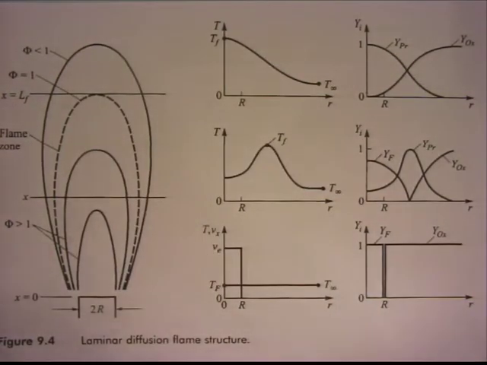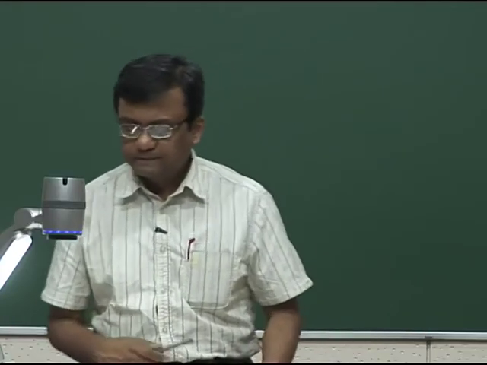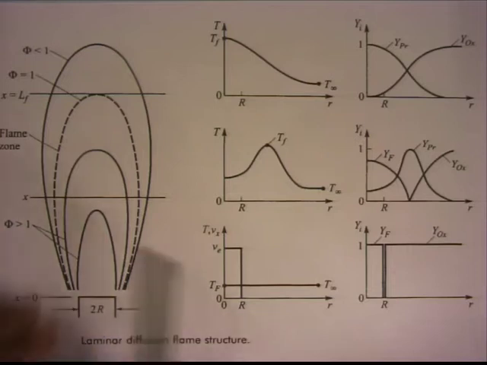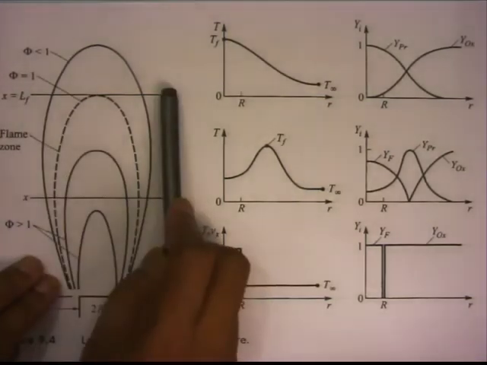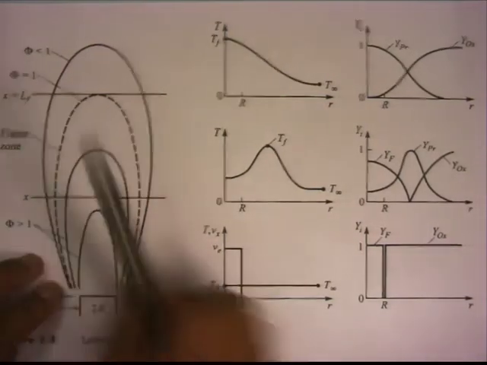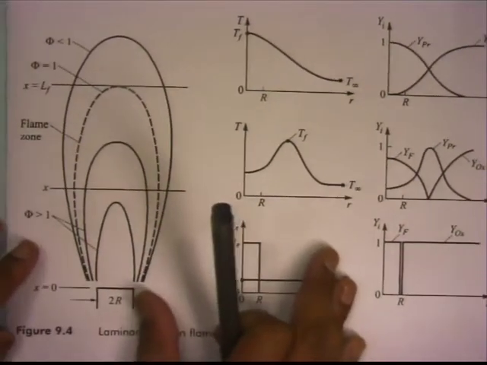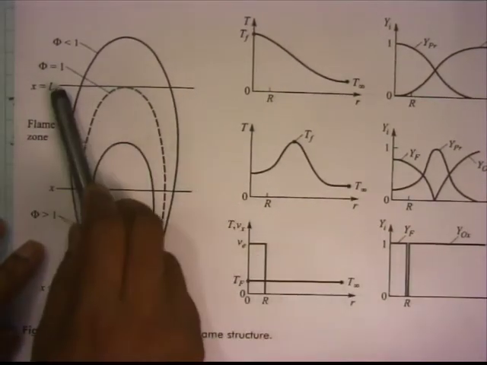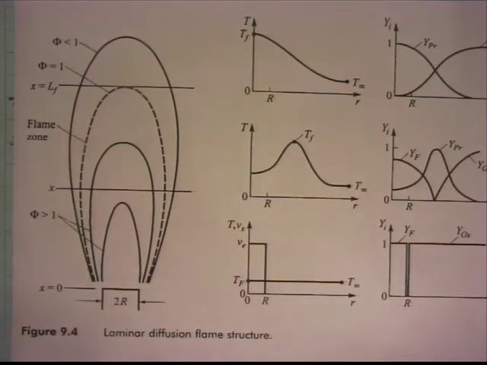This is some kind of an envelope. From center line towards the flame, temperature will increase. Okay. So, this plane which you see is at x equal to LF. Now, what is LF? LF is the length of the flame. So, this surface is touching the top of the flame. Where is the flame?